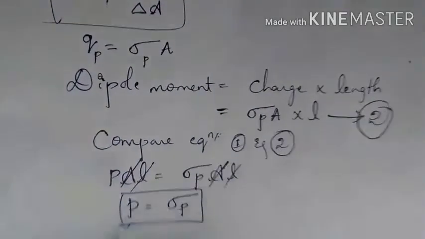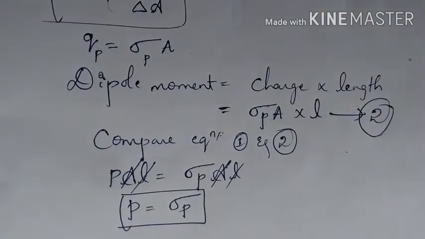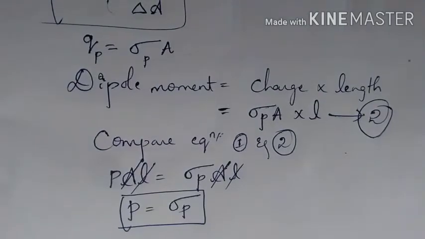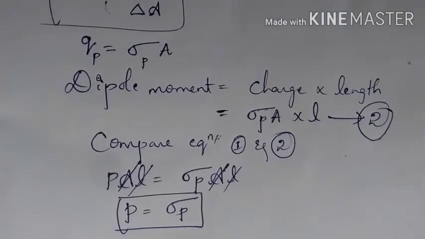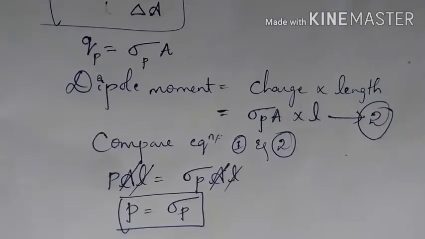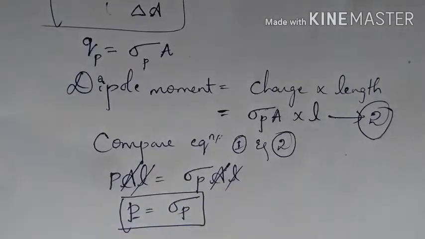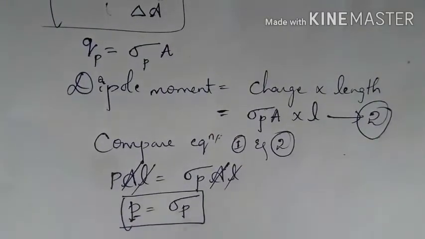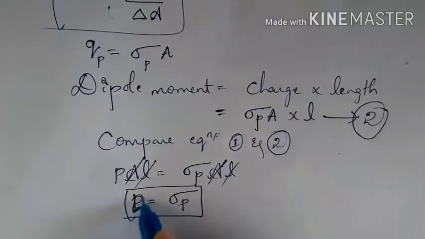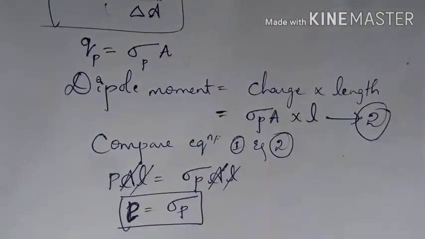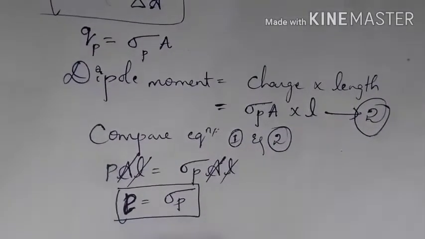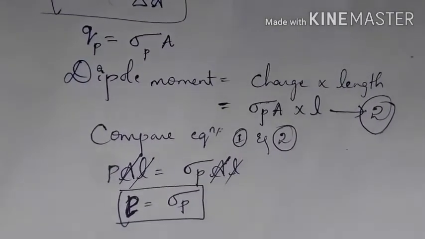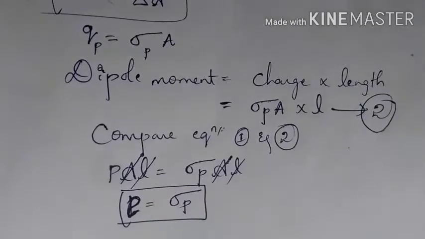Or you can also say that P is equal to the surface charge density. So this is the relationship between polarization vector and the density of polarization charge. P is the polarization vector, and sigma p is the density of polarization charge.